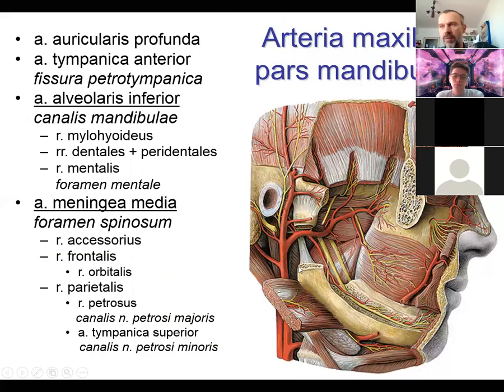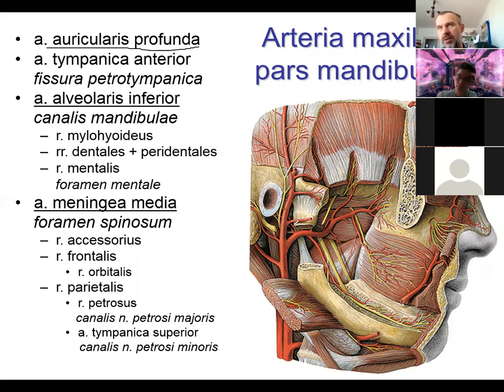So behind the neck of the mandible, we have the mandibular part, and we have 4 branches. First, there are 2 small ones, and the deep auricular, the first one here, which supplies the anterior aspect of the auricle. Clinically not so important.